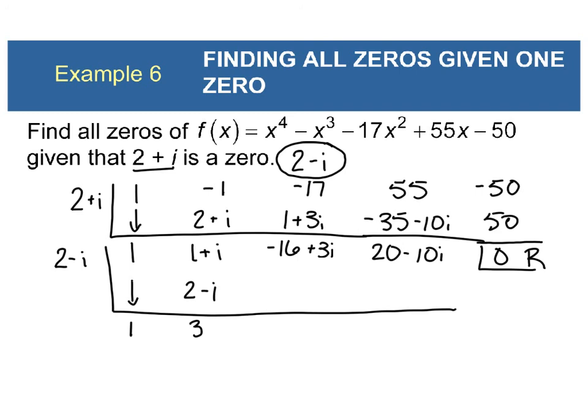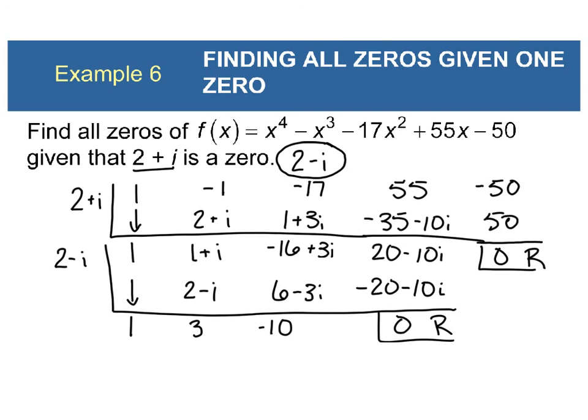And then we multiply 2 minus i times the 3, 6 minus 3i, add together. Then 2 minus i times the 10, we get negative 20 minus 10i, which is 0 remainder, and it should be.